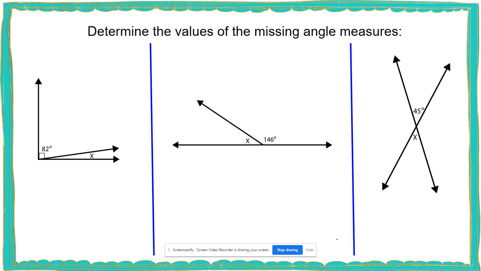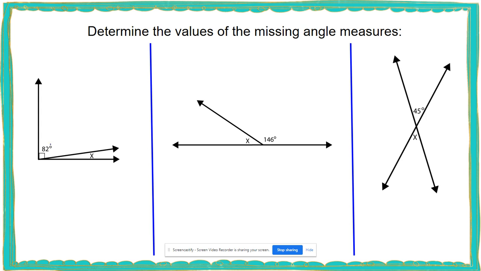Now we're going to look at the next thing that we did for digital learning, which is talking about angle measures. So we talked about complementary, supplementary, and vertical angles. Complementary angles are angles like these, where you have a right angle, or an angle that measures 90 degrees, that is split into two different angles. If I need to know what x equals, I need to think about what I know about the whole thing.